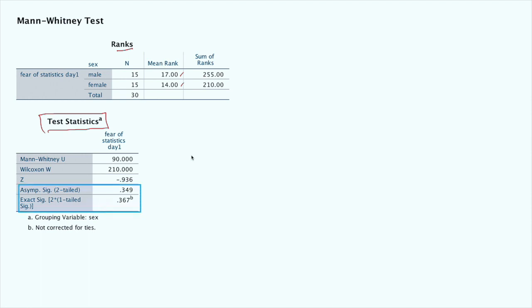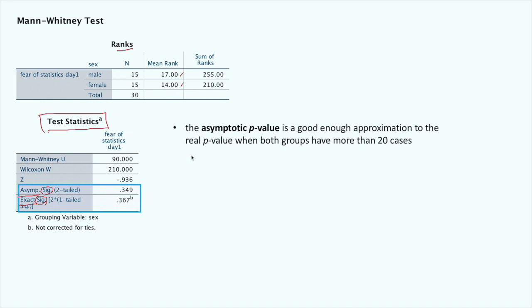The important thing about this table is that we have two different answers here: a significance for the asymptotic and a significance for the exact value. Well, the asymptotic, the first one, the p-value is a good enough approximation to the real p-value when both groups have more than 20 cases.